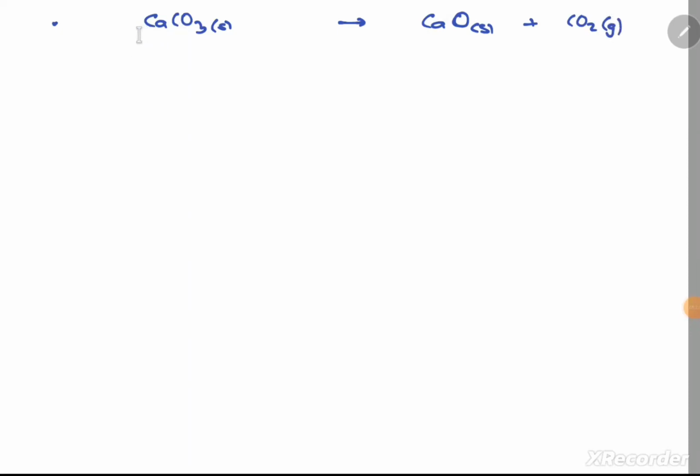So we have the mole ratio. 1 mole gives 1 mole, and you calculate the calcium oxide from calcium carbonate. So we need mole of calcium carbonate.